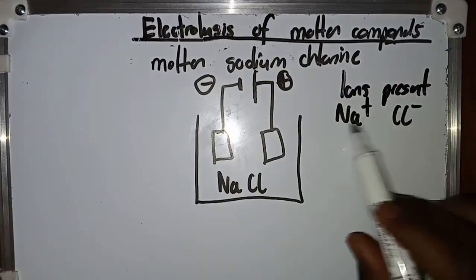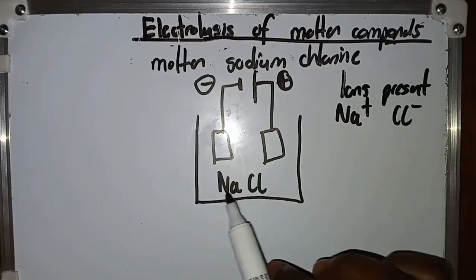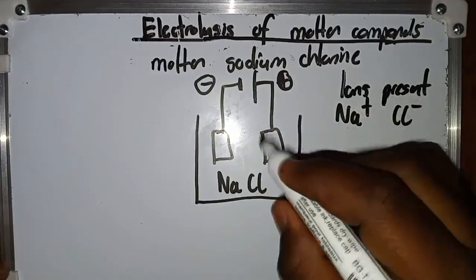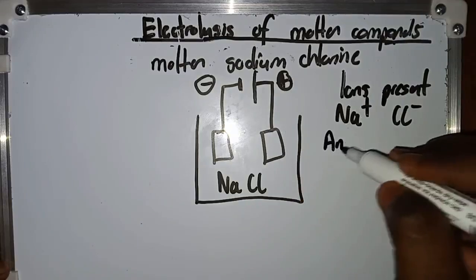These are the two ions which are present in sodium chloride. So what happens at the anode?